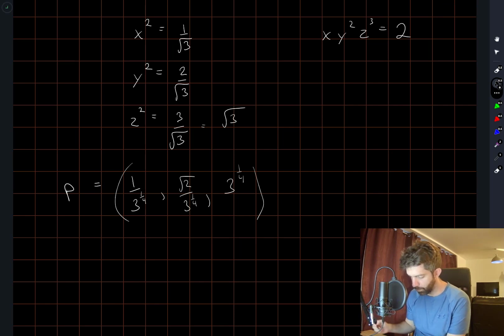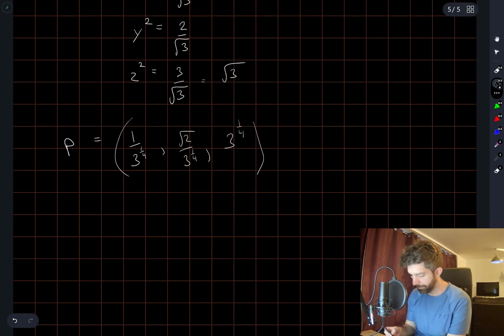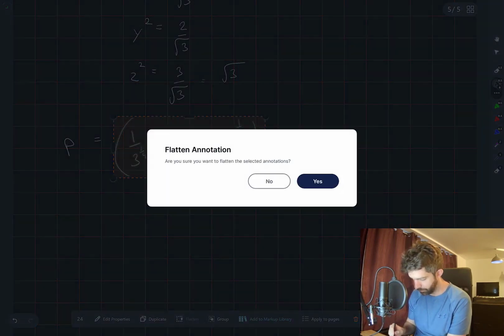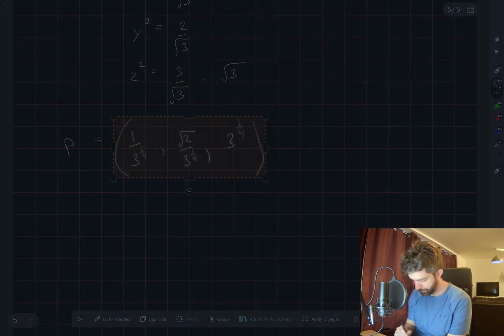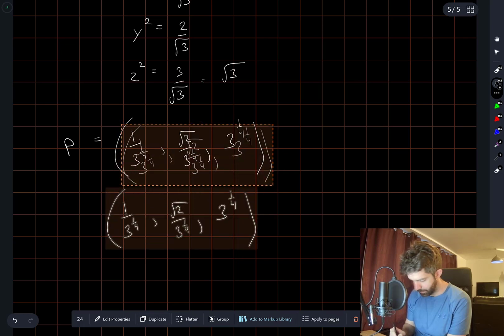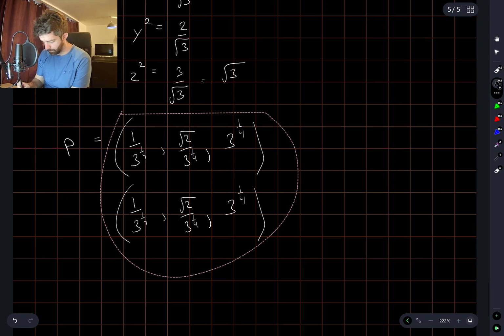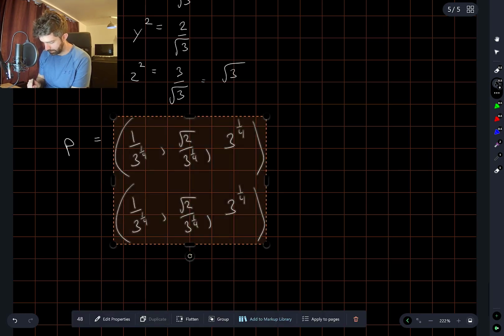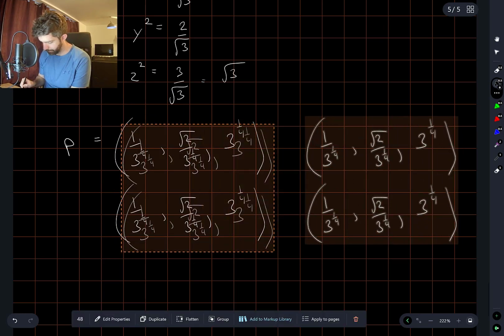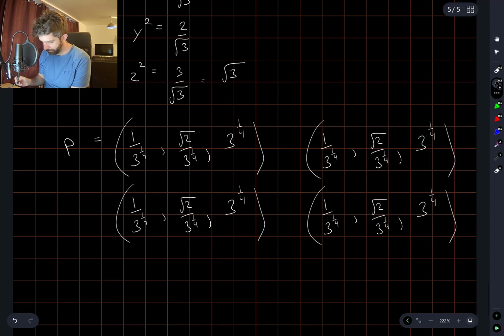this will be one where all the coefficients are positive. And then what I can do, the y coefficient can be negative if I want, and then both the x and z coefficients can be negative if I want.